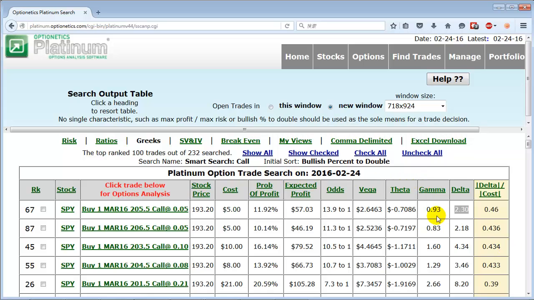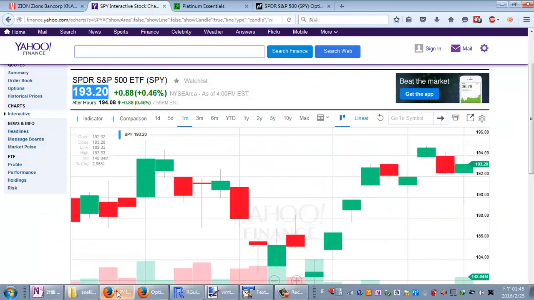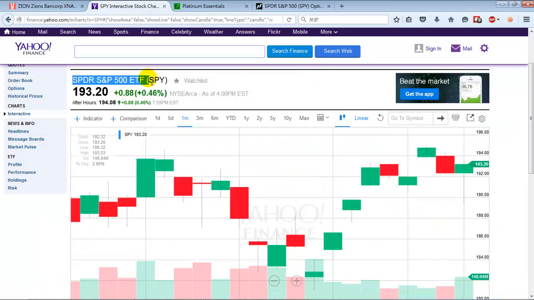All right. So the idea here is one explanation for delta is the amount of money you can expect to earn when the stock, the underlying, in this case it's SPY, moves up $1 in value. So you buy a stock option, which is just a contract, it's just a piece of paper, and attached to that piece of paper has a delta, and the delta will tell you how much you can expect to make for every $1 gain in the underlying.